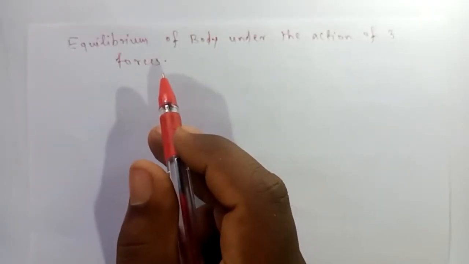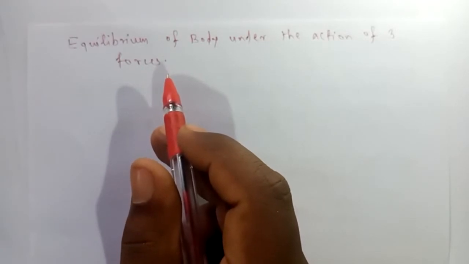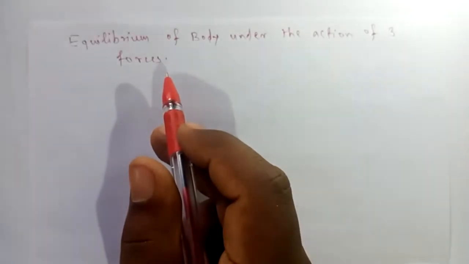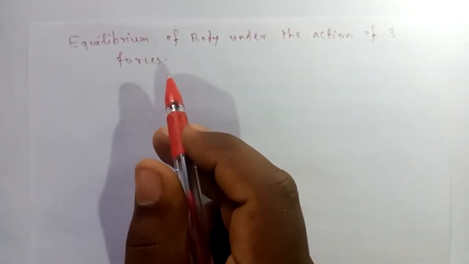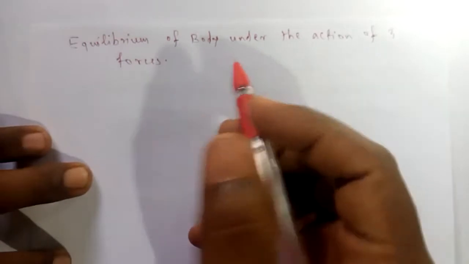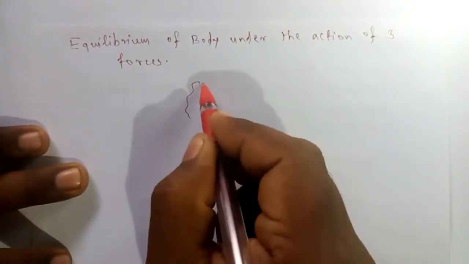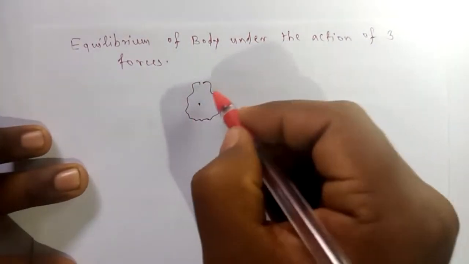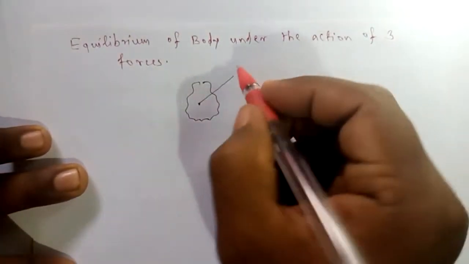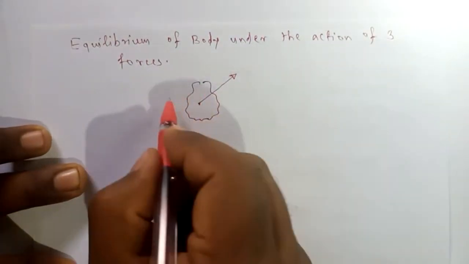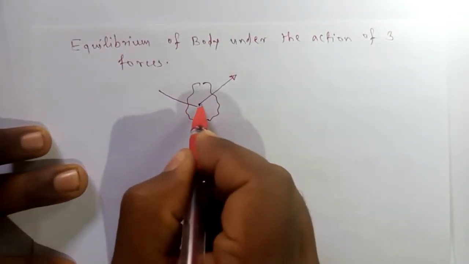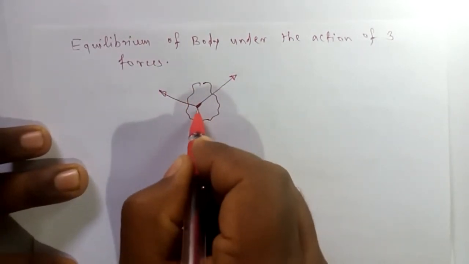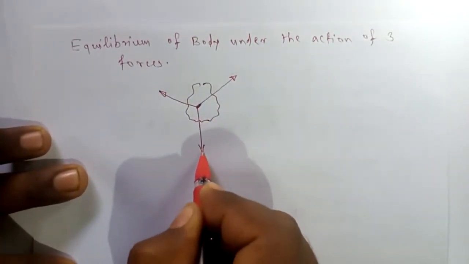Now let us discuss the equilibrium of an object or the body under the action of three forces, minimum three forces. So let us consider one object on which there are three forces acting, and one more force in the downward direction.